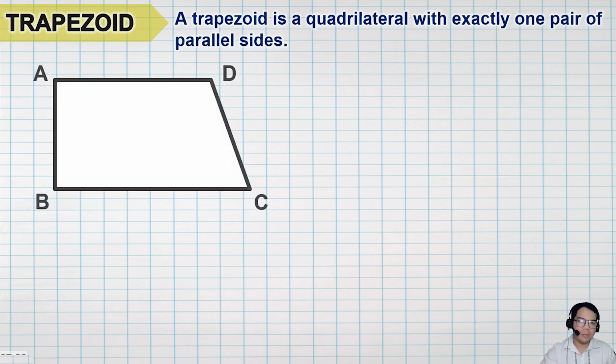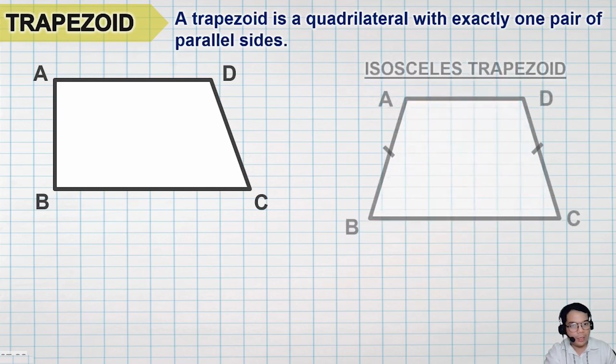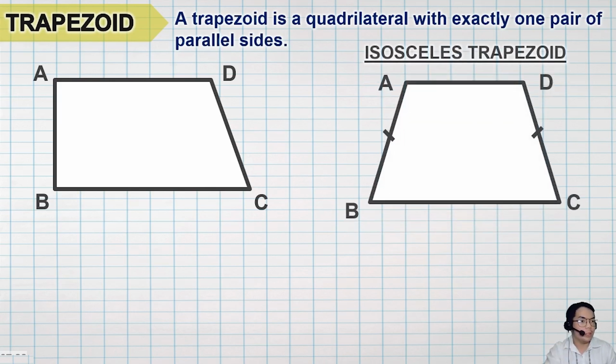Now, on the first part of our discussion about trapezoid, let's discuss that we have two types of trapezoid, a regular trapezoid and what we call an isosceles trapezoid. Ito yung sinasabi natin na anak ni trapezoid before kasi meron siyang unique property. This isosceles trapezoid has these two non-parallel sides that are congruent, magkaparehas ng sukat. Yan.